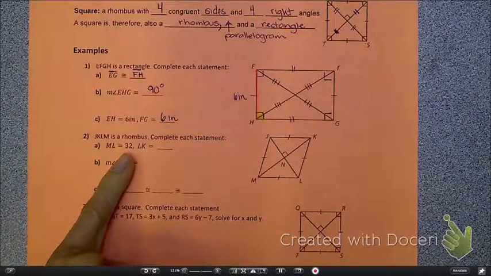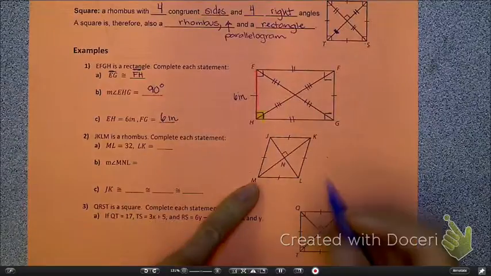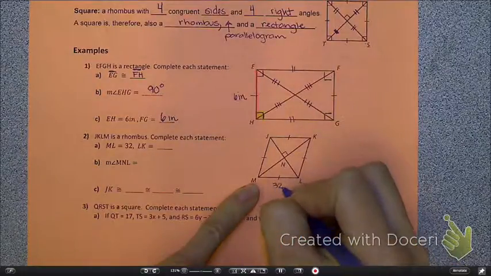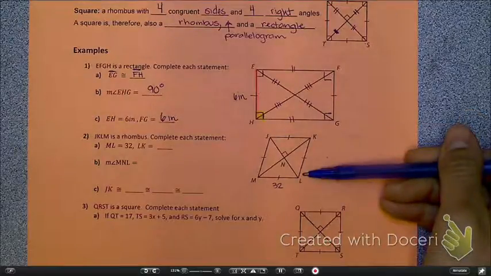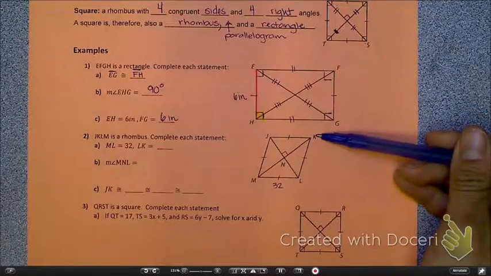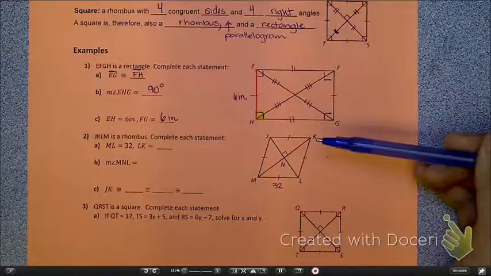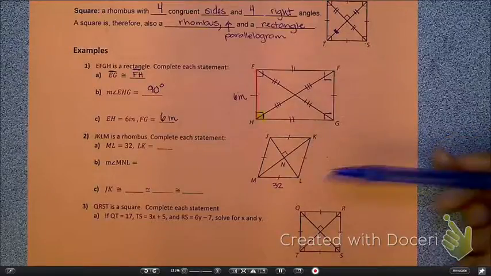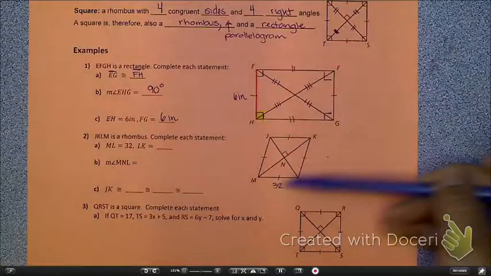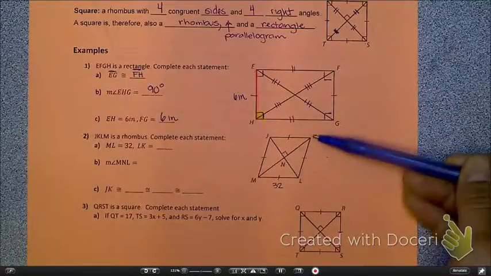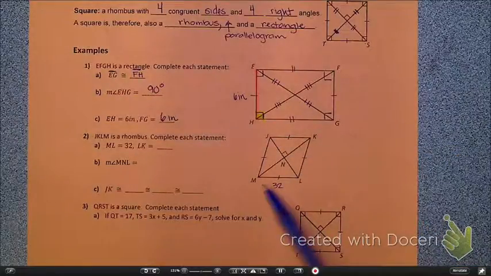ML equals 32. Well, ML's over here, so this part's 32. It wants to know the length of LK. Well, in a rhombus, you learned that it's a parallelogram with 4 congruent sides. So if all the sides are the same size, how long is this side? The same as this side, 32.